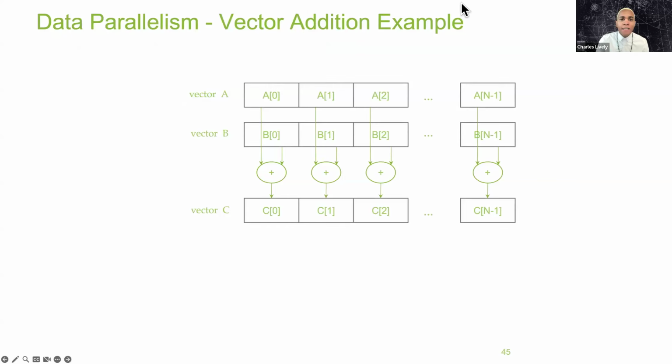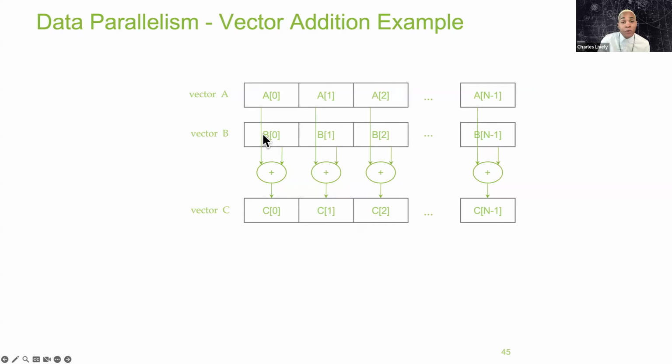And so one simple example to understand data parallelism is to make use of a vector addition. With a vector addition, of course, you have however many vectors that you are looking to combine together. So you will have vector A with indices from 0 to n minus 1, and vector B from 0 to n minus 1.